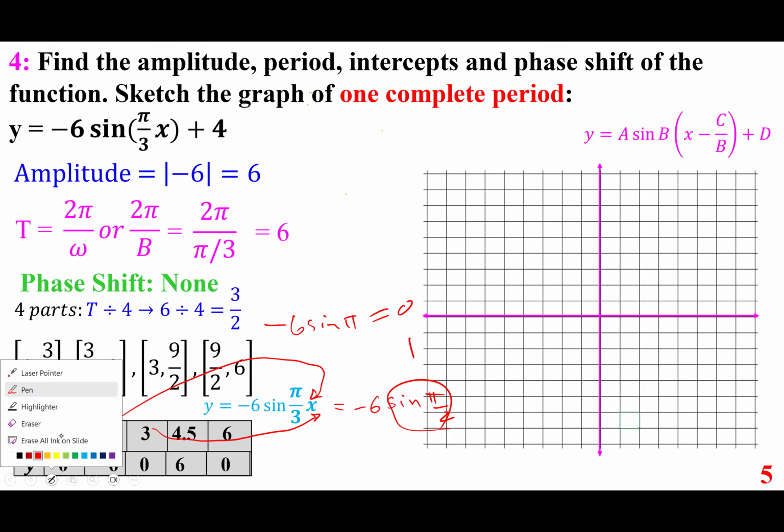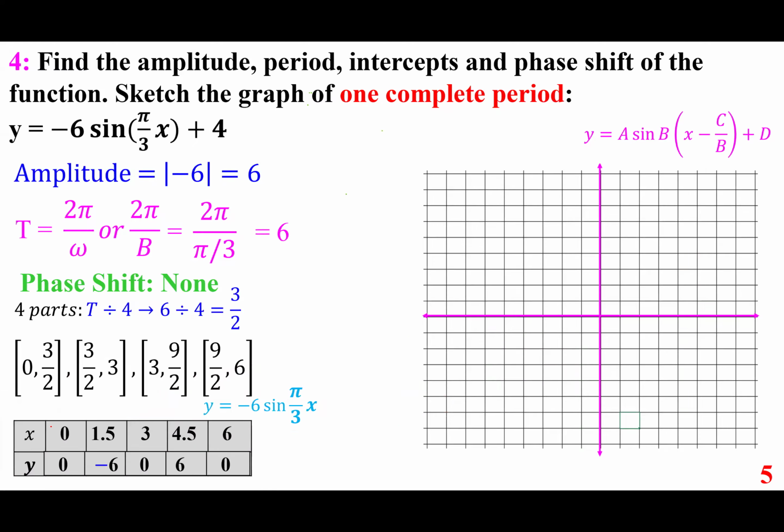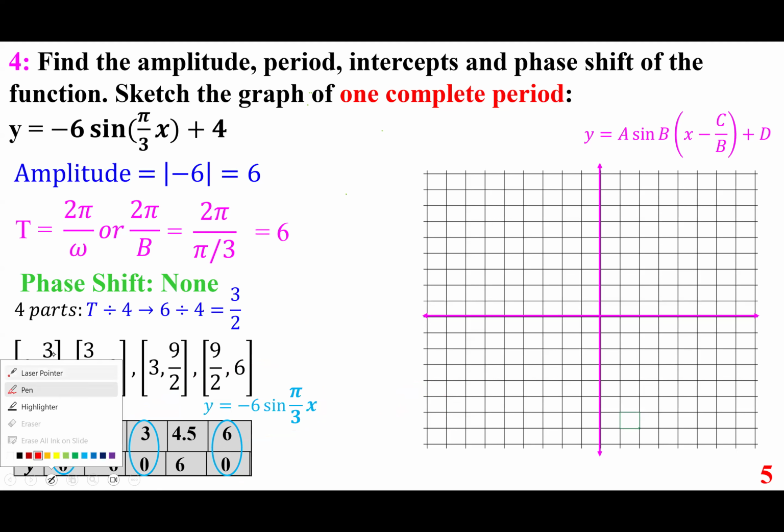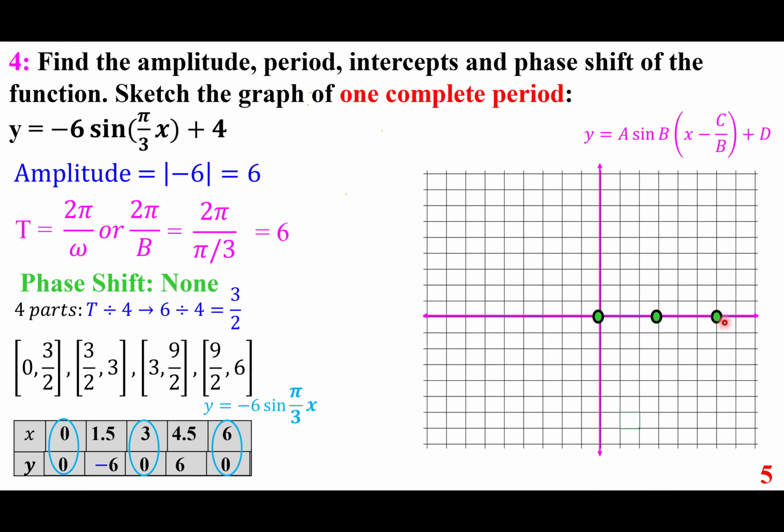So let me erase. So let's plot those three: 0, 0, and then we have 1, 2, 3, 0, and then 4, 5, 6, 0. So those are the 3 points.